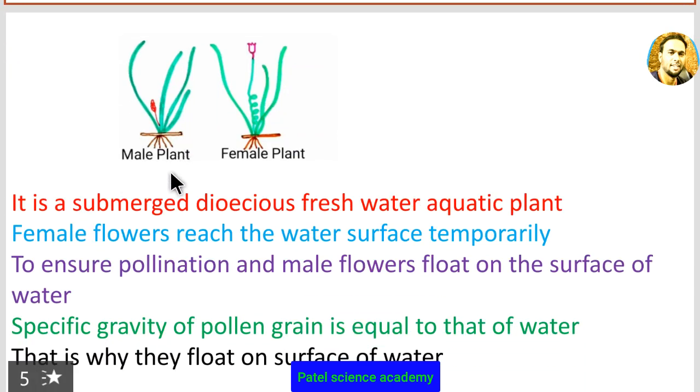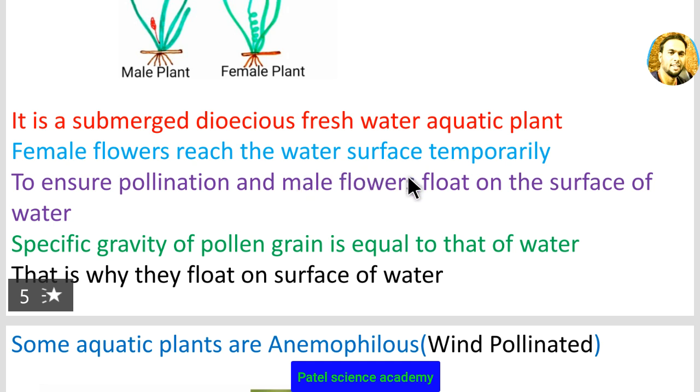This is the example of Vallisneria, male plant and female plant. This is the stigma of the female plant, and these are the anther pollen grains of the male plant. They flow on the water surface and reach the stigma of the female plant. It is a submerged, dioecious, freshwater aquatic plant.